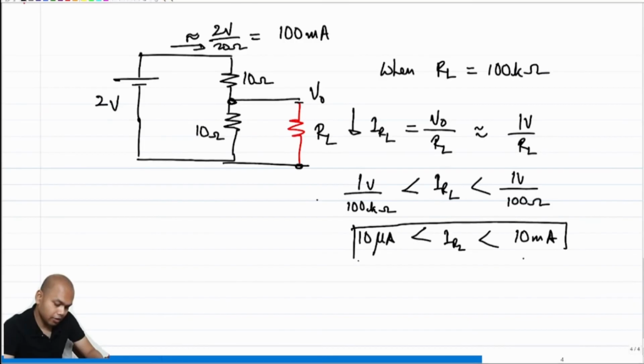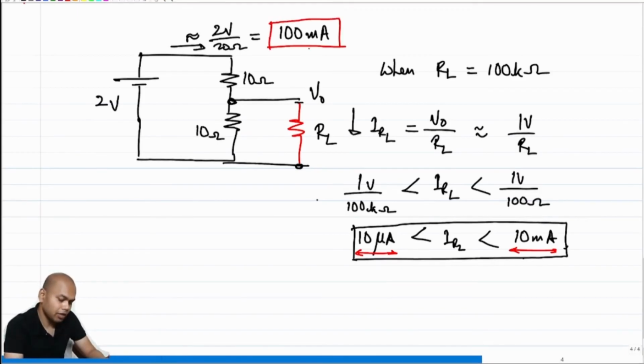So essentially the load current for which you have designed this circuit is supposed to be varying between 10 microamp and 10 milliamps. However, in order to support this load current, you are always drawing at least 100 milliamp current from the supply. So what percentage of the supply current is actually going into your load? Only maximum 10% of the supply current is going into the load, and the 90% is getting wasted, right?